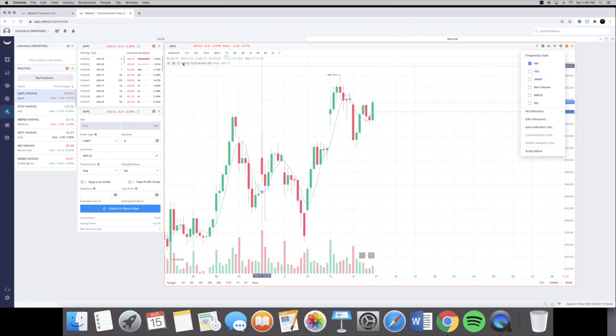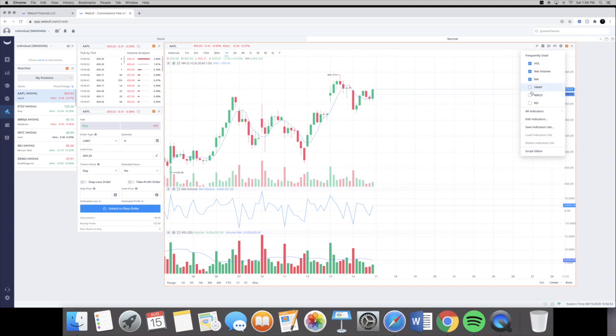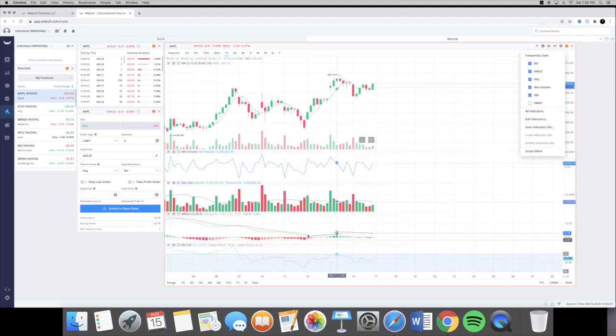You can adjust it right here for different settings, but again, we're gonna go over that later on. Then you add the net volume, you add the volume, MACD, you're gonna see it at the bottom, and RSI. So based on all these indicators, that's what helps me understand when I have to take a position and when I have to wait, and when I'm ready to get out of a position as well.